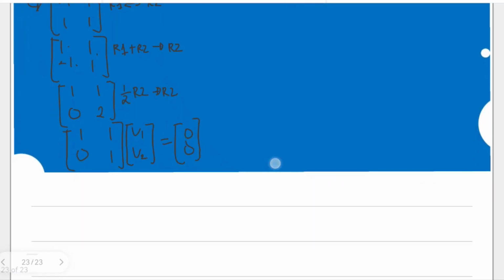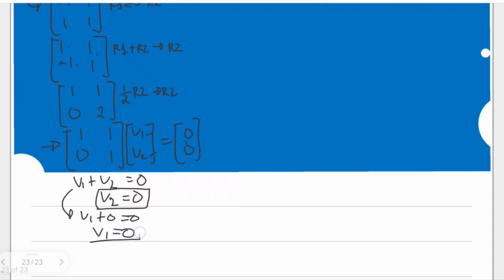So we have two equations here: v sub 1 plus v sub 2 being 0, and v sub 2 being 0 already. Again, this is just one of the possible steps. You could always come up with the reduced row echelon form so that you get the exact values automatically. But since we have v sub 2 being 0, using this, v sub 1 plus 0 is 0, so v sub 1 is also 0.